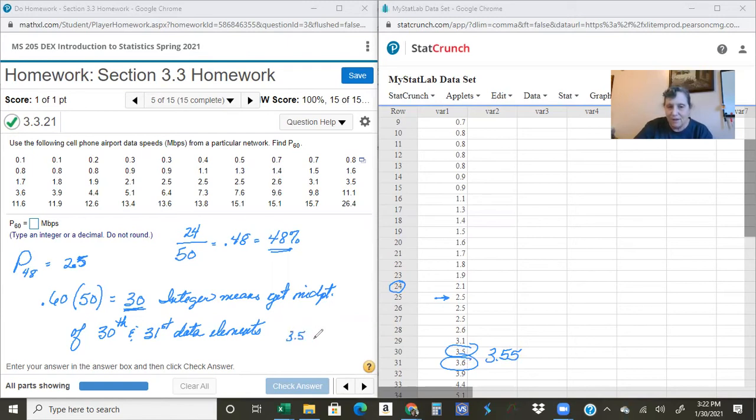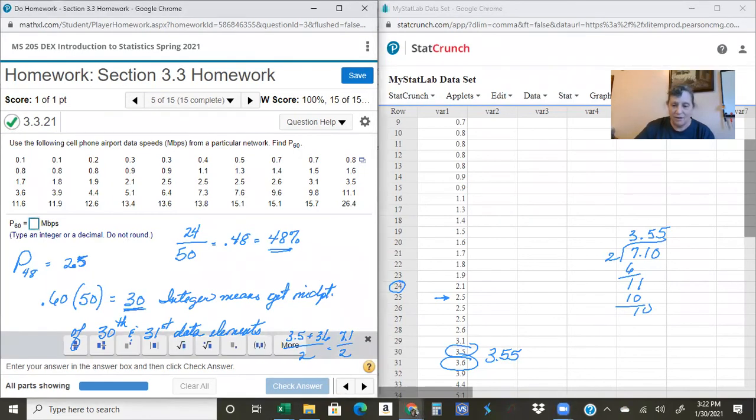So we'd say 3.5 plus 3.6 over 2 would be 7.1 over 2. 7.1 divided by 2. Take your decimal up. .55. So this is going to be 3.55.